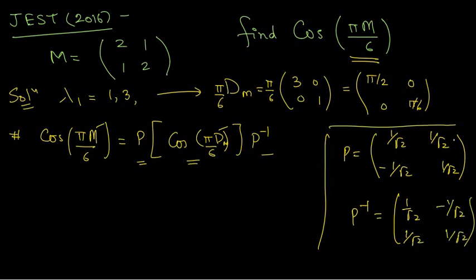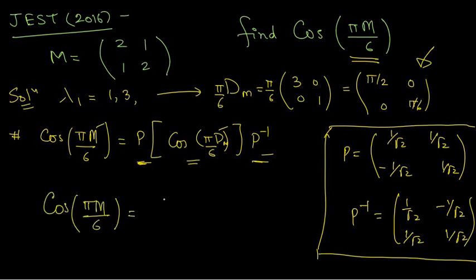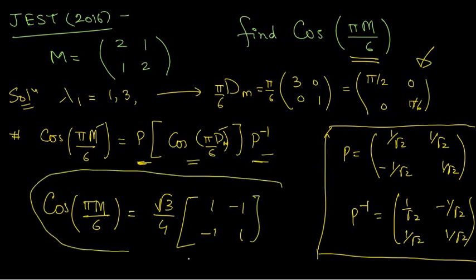Please do these calculations and find P and P inverse, it will also be practice for you. If you multiply these matrices, you will get cos of pi M by 6, which is root 3 by 4 times [1 minus 1; minus 1 1]. These options were given but I have not given you the options, so this will be the answer.